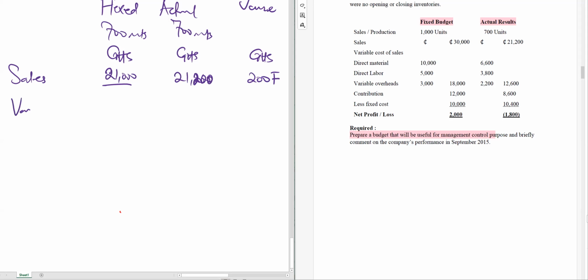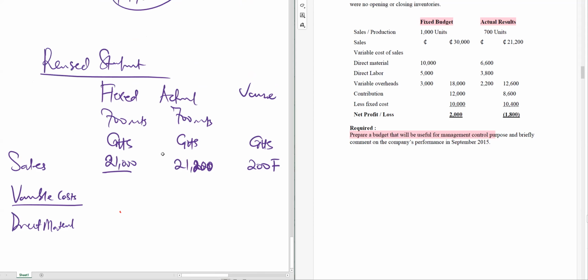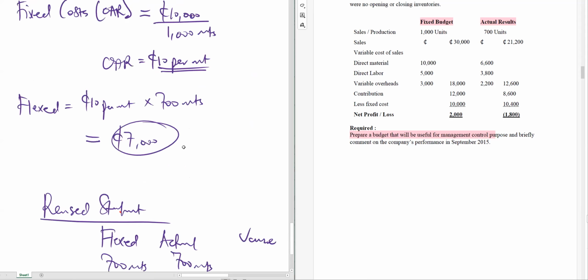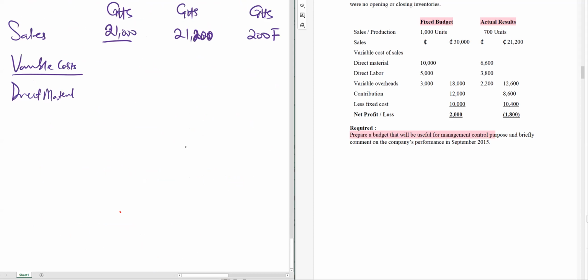Let's go to our variable costs. Direct material. It was 10 cedis per unit, right? The flex was for 700 units, so this one was 7,000, but we actually spent 6,600.